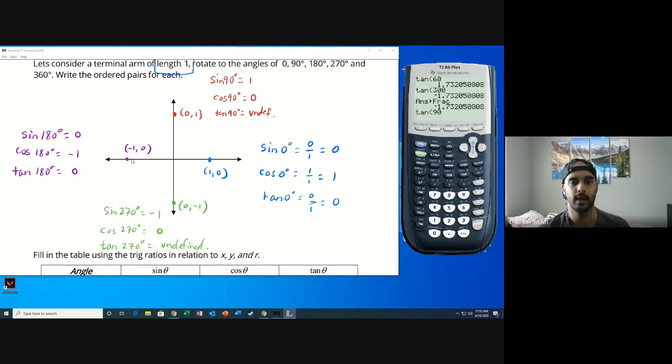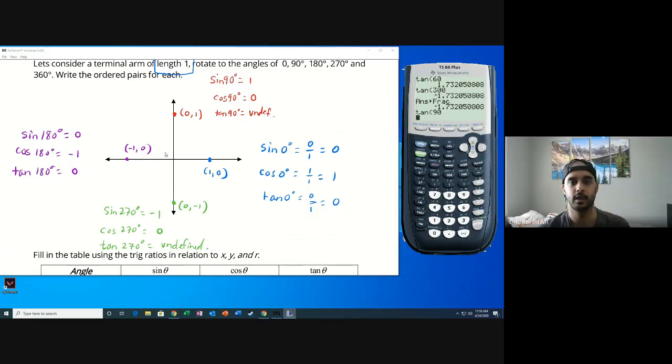My cosine will be my x-coordinate always. So if I'm right along the x-axis, cosine of 0 is 1, because my length is 1. Now, if that point was 10, 0, and my length was 10, that would be 10 instead. So this will change depending on where that point is. Tangent will always be 0.